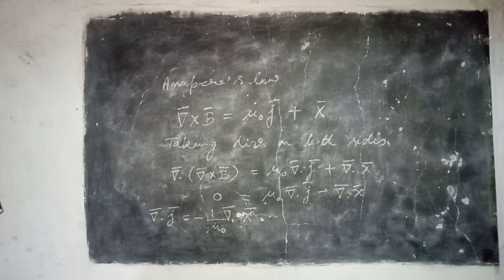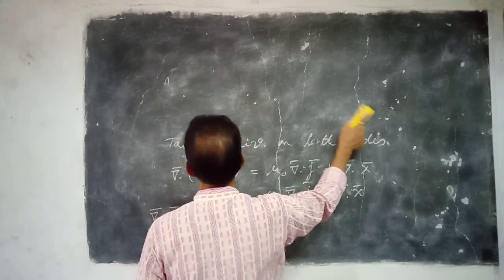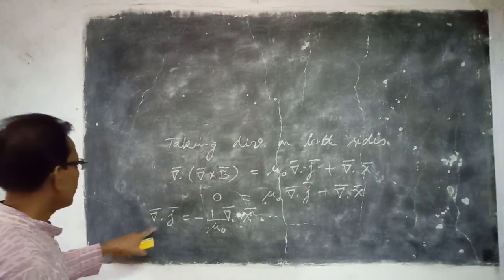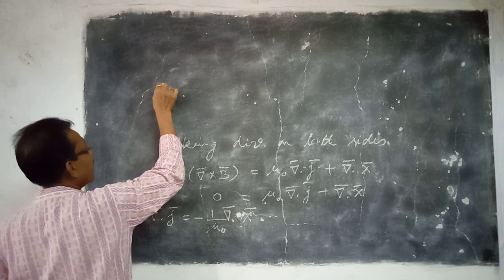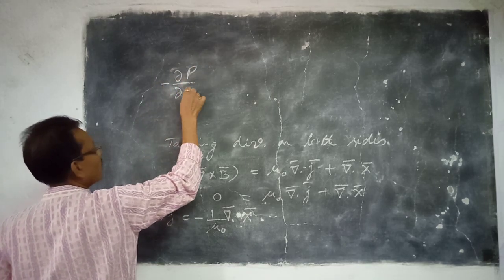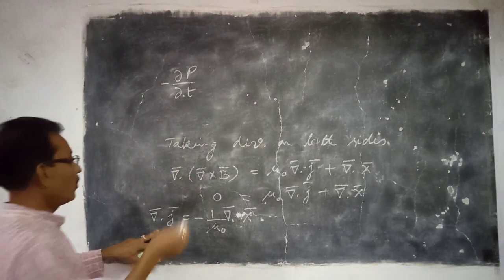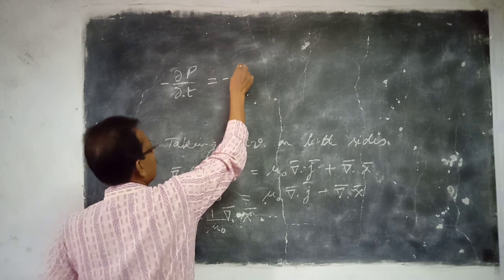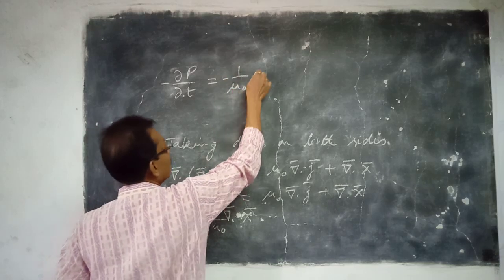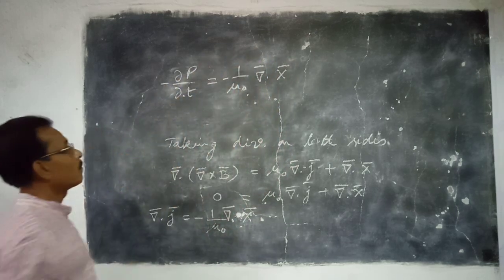What is divergence of J? From the equation of continuity we write divergence of J is equal to minus del rho del t, that is equal to minus 1 by mu 0 divergence of x.